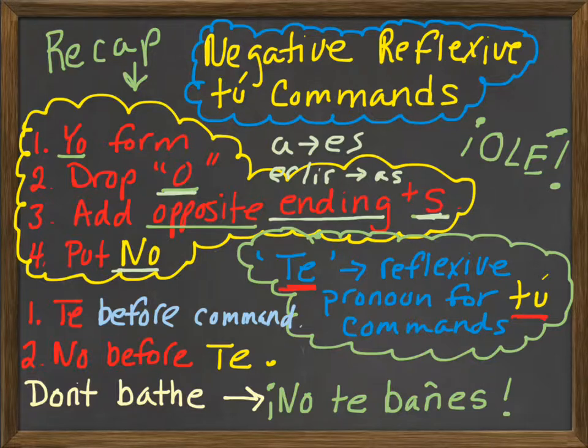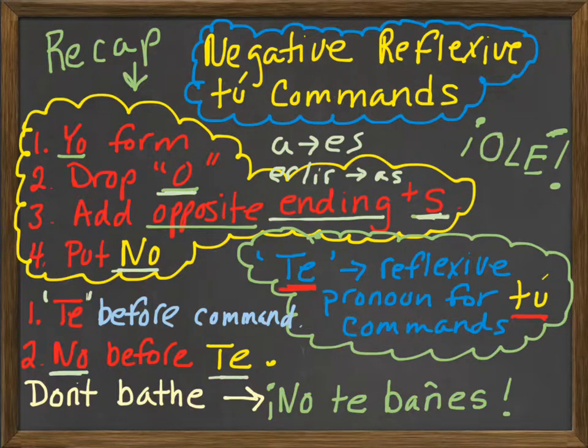Now, again, since this is a reflexive command, you have to use your reflexive pronoun. So we're going to be using te for all of these because they are tú commands. Now since we're dealing with negative commands, the te does not attach to the end. It's actually going to come before your command. So te now comes before, and then your word no, to make your command negative, comes before te.